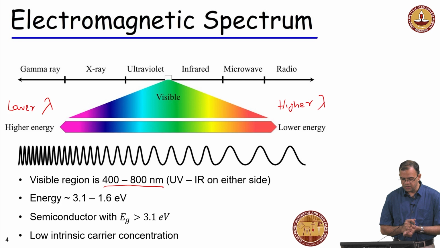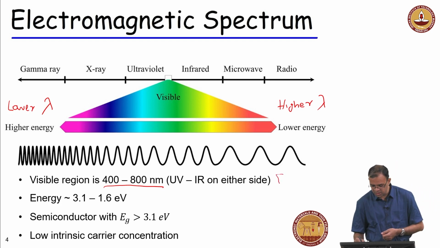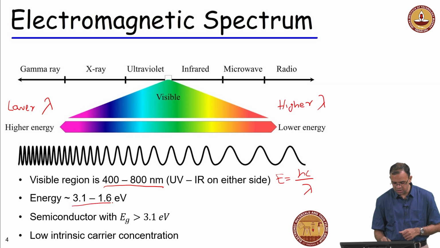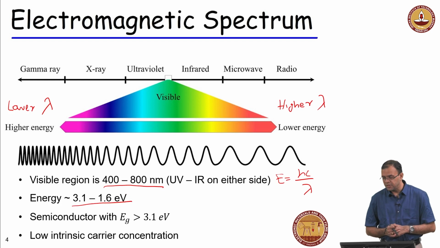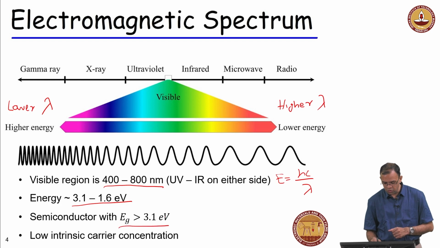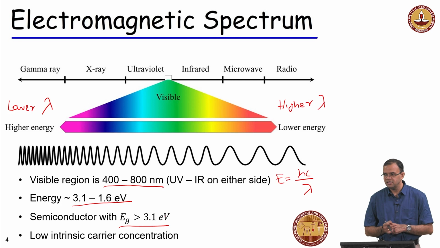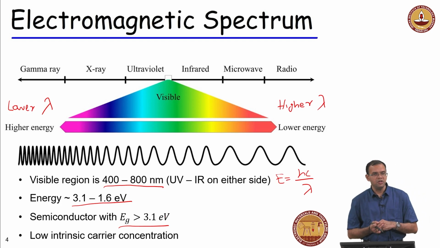If you want to convert this into energy, you just do hc by lambda. So E is just hc by lambda. We can get the energy as well, and the energy range is from 3.1 to 1.6 electron volts. So if I have a semiconductor whose band gap is more than 3.1 electron volts, then any light whose energy is less than 3.1 is not going to be absorbed.